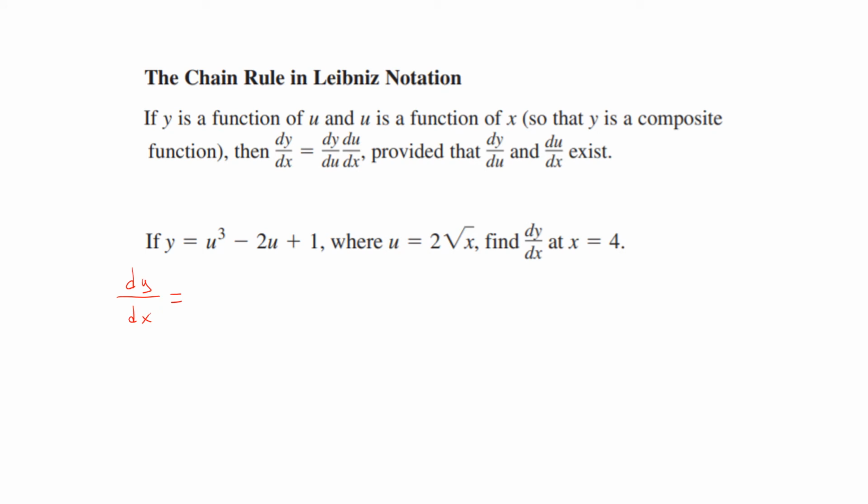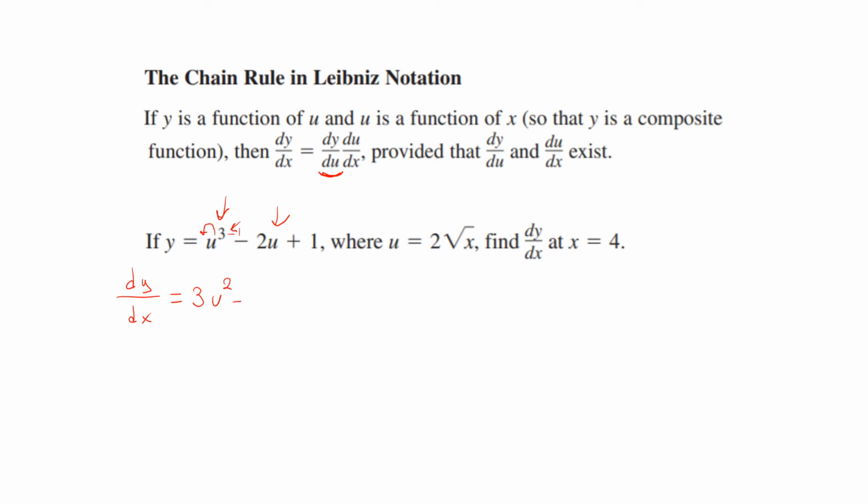First, I'm going to start by taking the derivative of y in terms of u, like it said. All you need to do is take the derivative as we did before. For u cubed, I see that my power is 3, and I can apply the power rule to bring that 3 to the front, keep u the same, and do minus 1 to the power, which will give me 2.